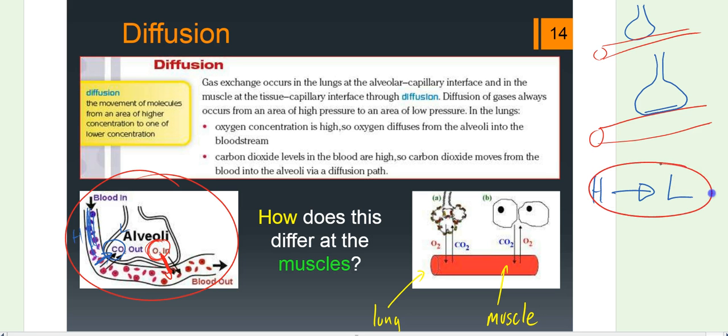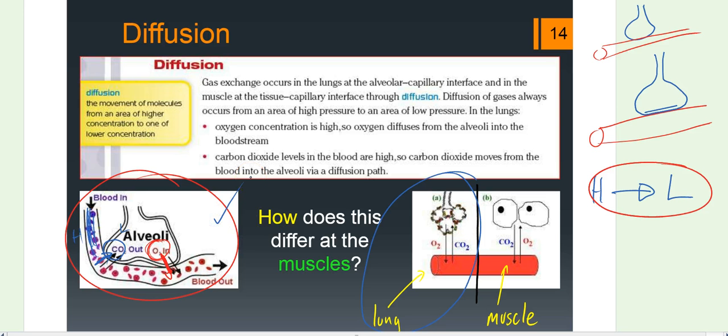So it always moves high to low. Again, over here we have it in two sections. We first of all have it in the lungs or the alveoli. So oxygen goes from the alveoli into the blood, and carbon dioxide from the blood into the alveoli, similar to what we've just looked at over here.